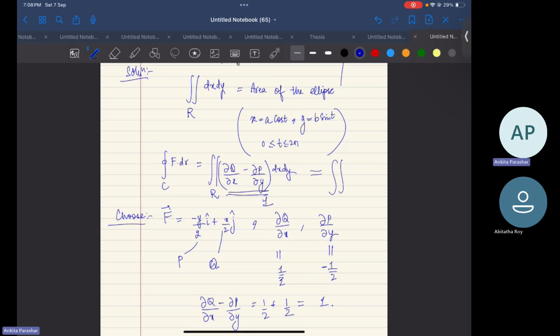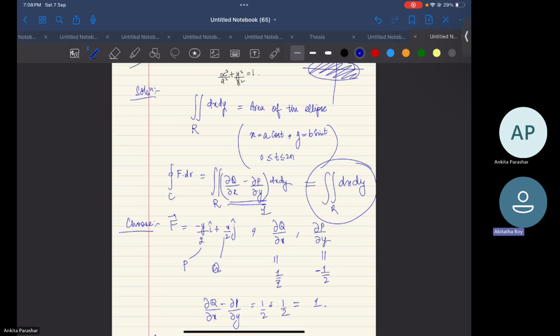Then it will be just dx dy over R, which is nothing but the area. It is all about finding that f for which the difference is 1. And somehow I constructed one f for which the line integral is exactly equal to the area of the ellipse.